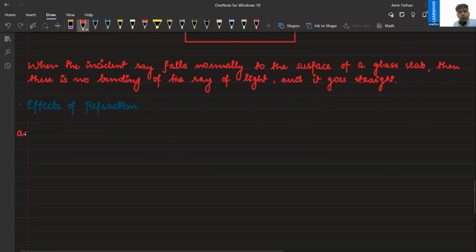We see effects of refraction in our day-to-day life, like when you submerge a pencil into water, you will see that it appears to be bending. Let me show it to you.